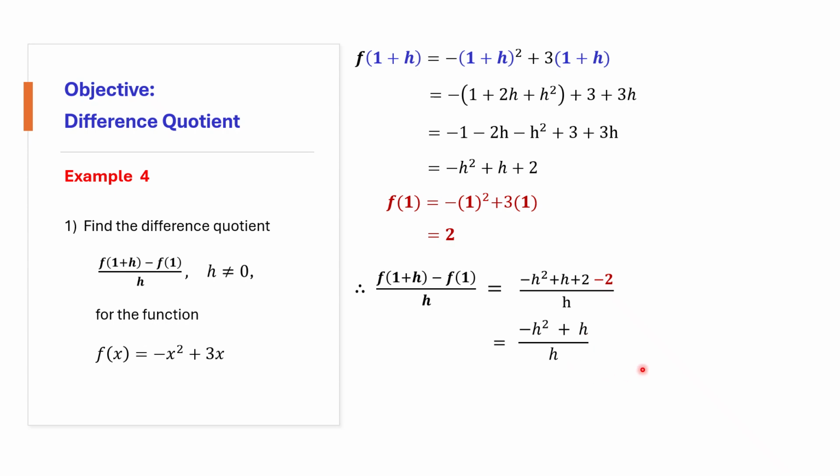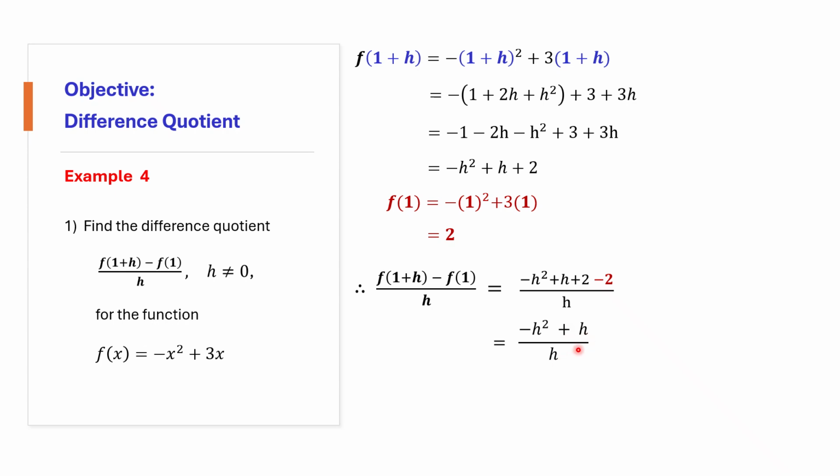Then take note, you cannot cancel this h with this h because there's a plus sign in between. You can only cancel the numerator and denominator if the given operation is a multiplication. So this is a sum, meaning you cannot cancel anything in the numerator or denominator.